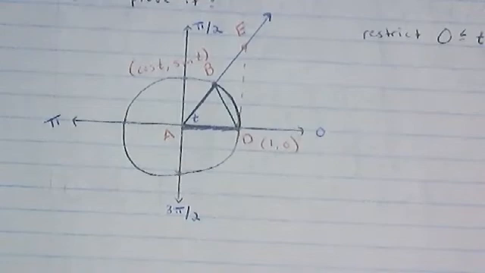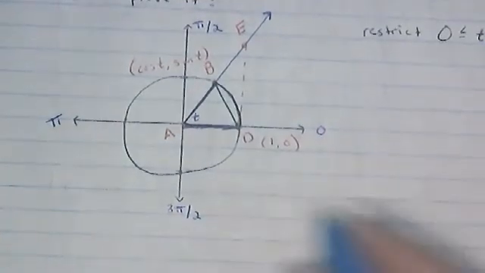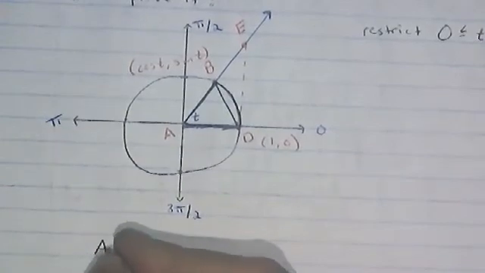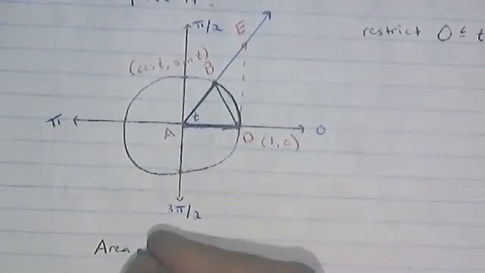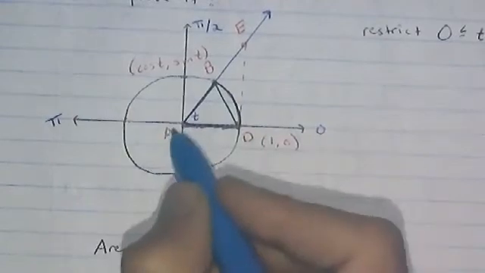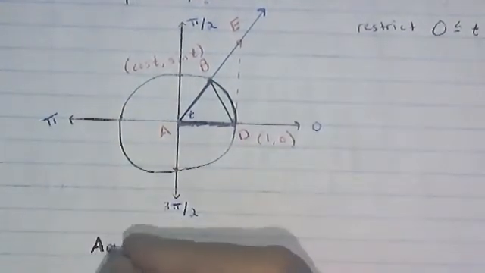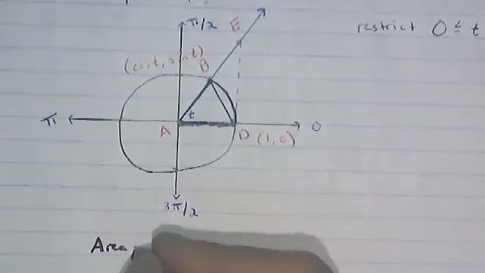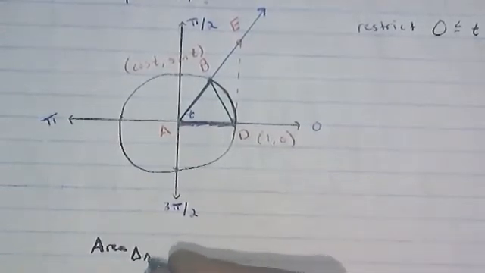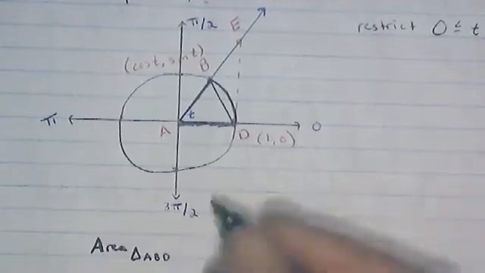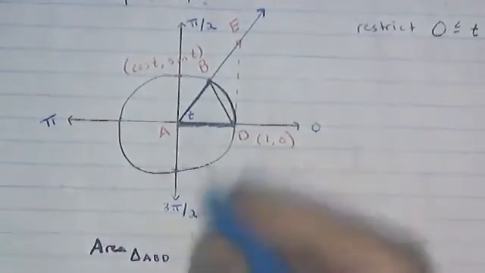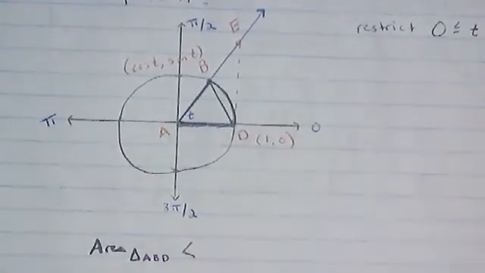Would everybody be comfortable if I made the following claim? That the area of triangle ABD is less than, oh, you big dingus, that's supposed to be green. Oh well.